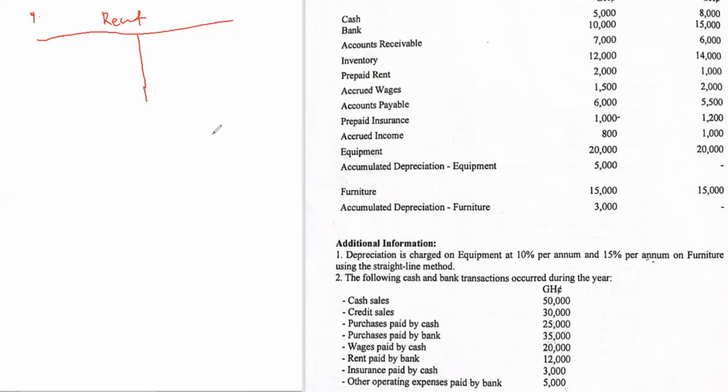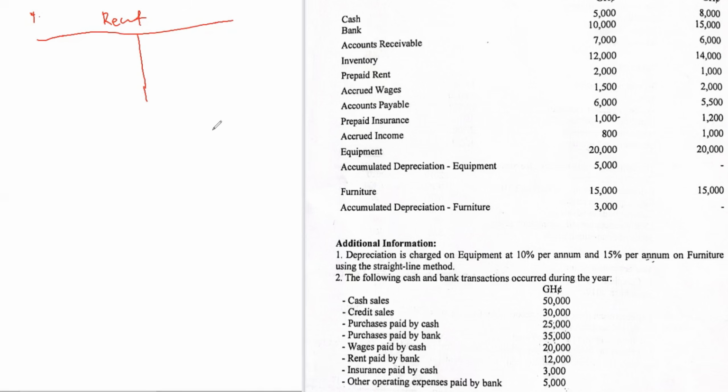So when you open your rent account, you have prepaid rent. You just ask yourself, prepaid rent, is it an asset or a liability? Prepaid rent is an asset. So if it is an asset, then it means the opening balance will be on the debit side.